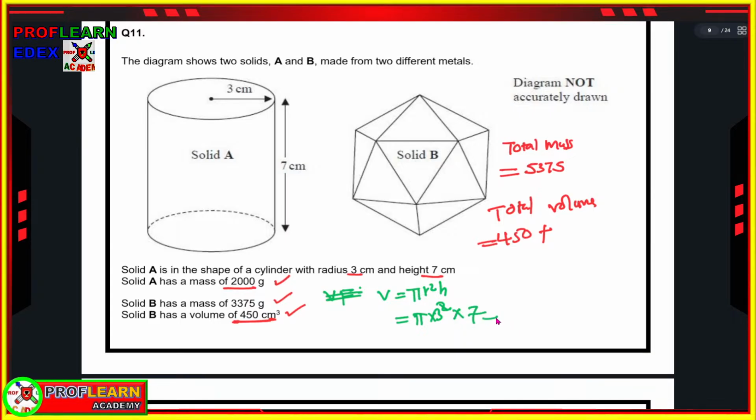If we work it out, the answer becomes 198. So 450 plus 198, we are going to get 648.